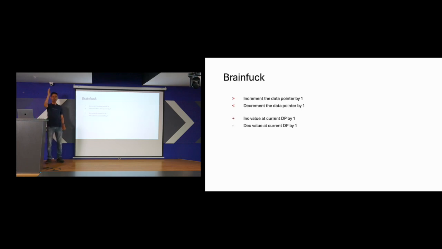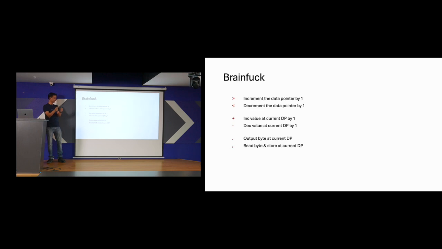Plus means wherever the data pointer is pointing to, whatever value is there, increment it by 1. Minus would do the exact opposite thing. So the arrows are operating on the data pointer itself. The plus and minus are operating on the value at the data pointer. Clear? Dot means whatever value exists at the current data pointer, output it.